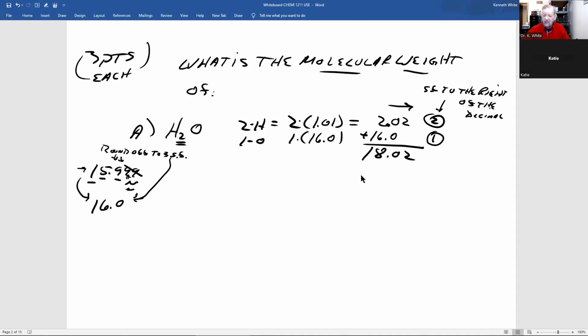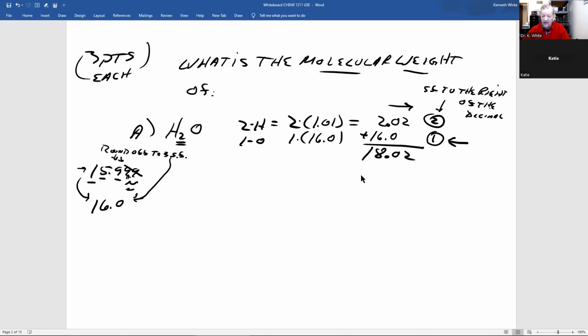Which one of these is the lowest? Hopefully you pick this one, 1. You know 1 is less than 2. And for addition, you get the same number of significant figures to the right of the decimal as the number that has the fewest. So now we have to round this off, not the whole number, just to the right of the decimal.